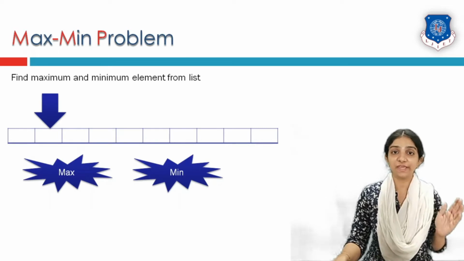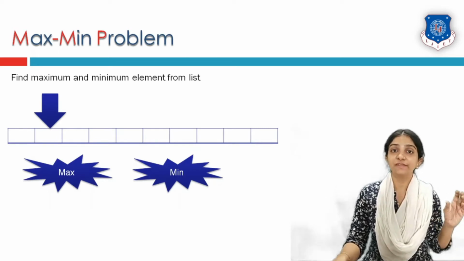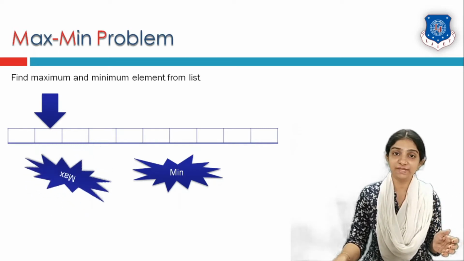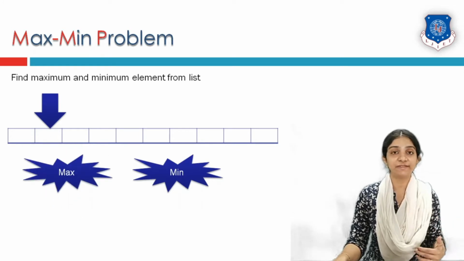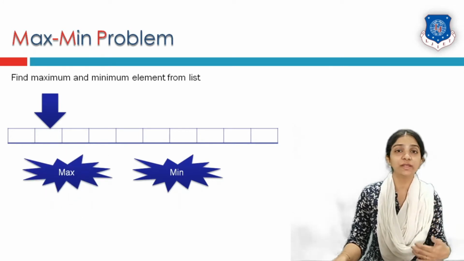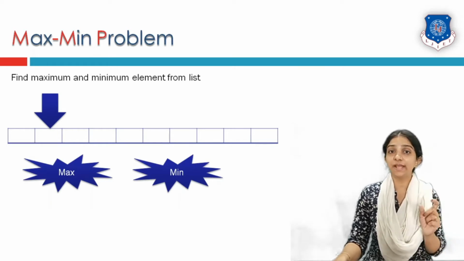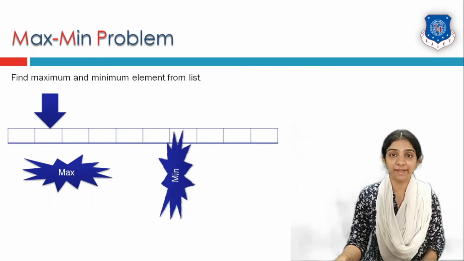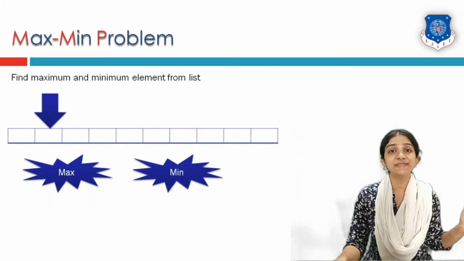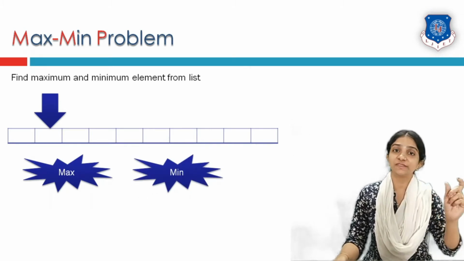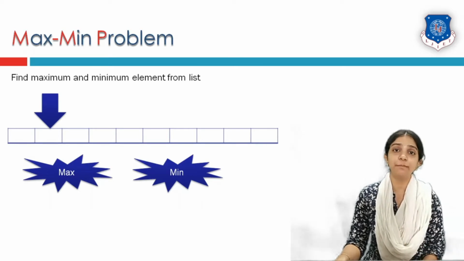The second element of the list is compared with max. If that element is greater than max, our max must store the new, second element. In a similar way, the second element is also compared with min. If the second element is lesser than min, the second element must be stored inside min.